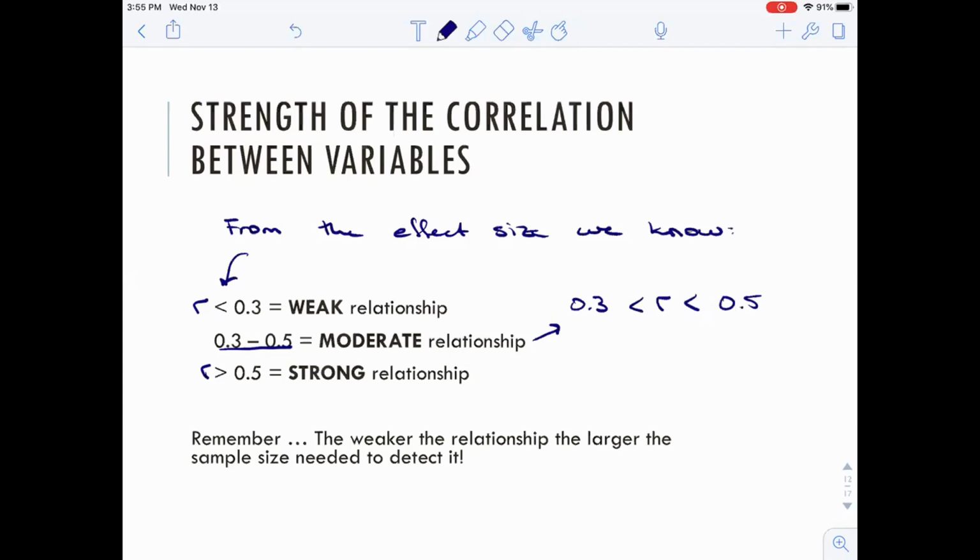Same idea: if we have a small R, or we're not expecting to see a huge relationship here, then we would need a bigger sample size in order to capture that. Cool. Any questions? No.